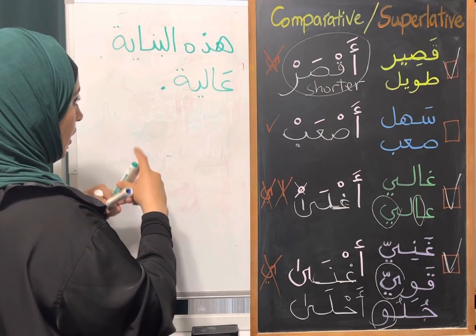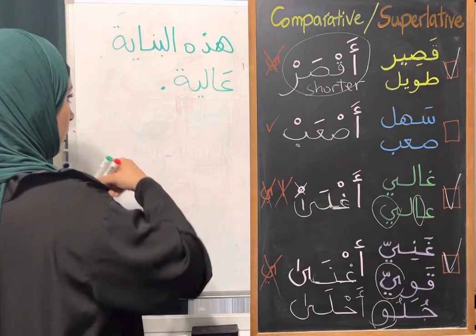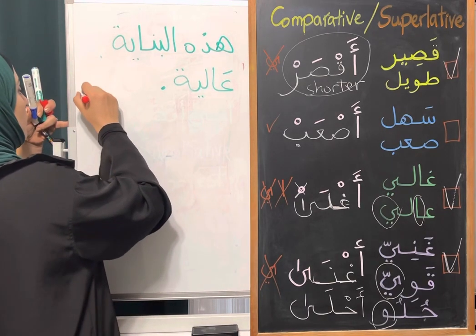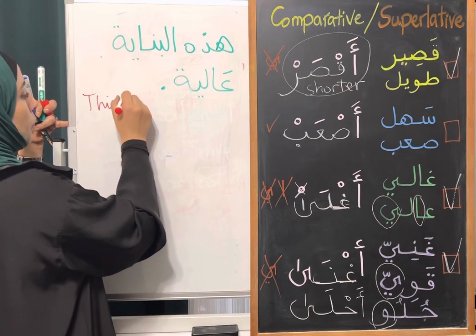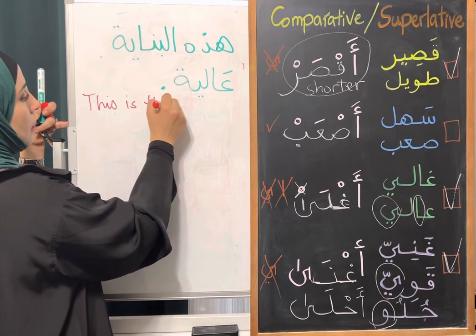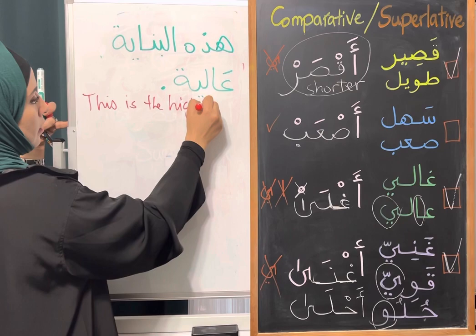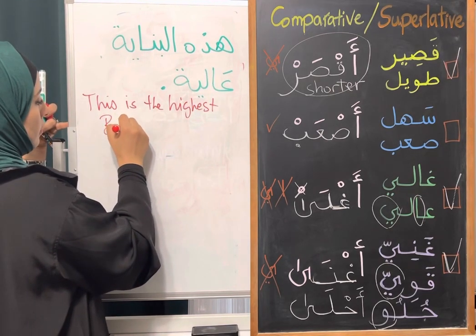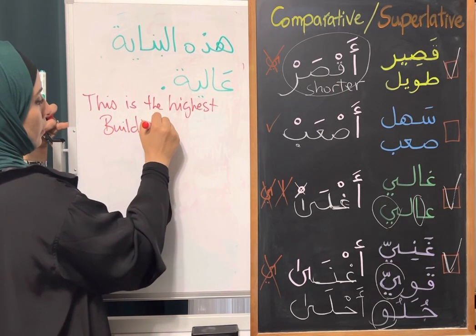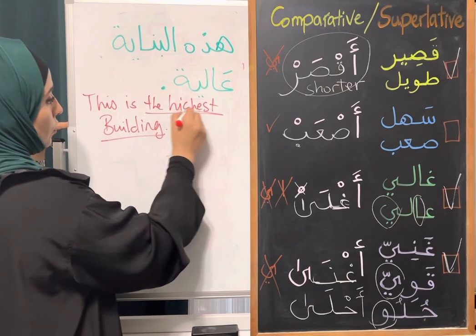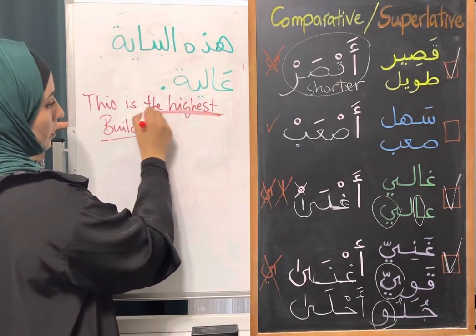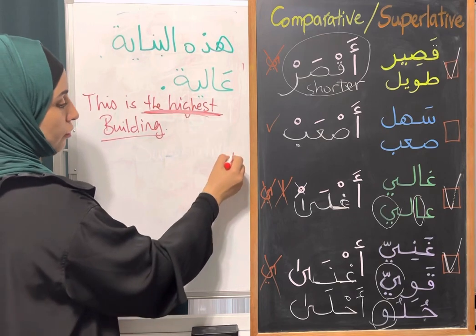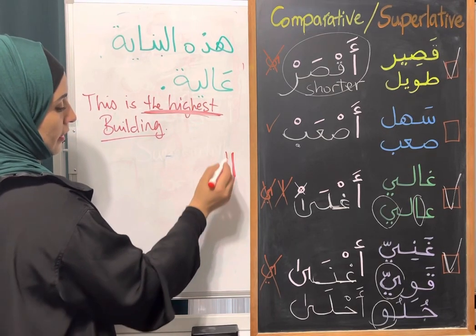If I want to say this is the highest building, here's my sentence. I'm making it superlative. This is the highest building. Then what I'm doing is I need to use the superlative form. The superlative form takes alif lam.